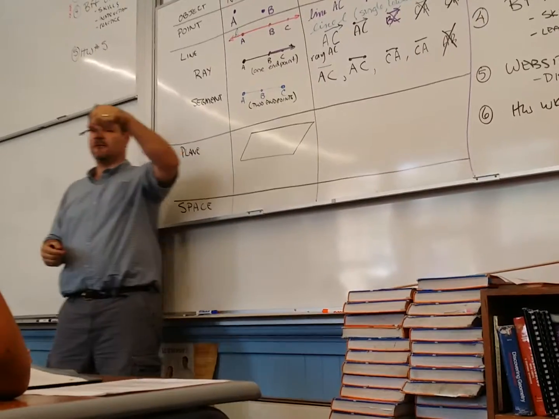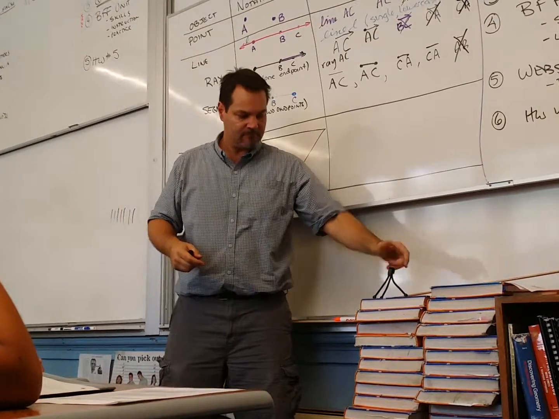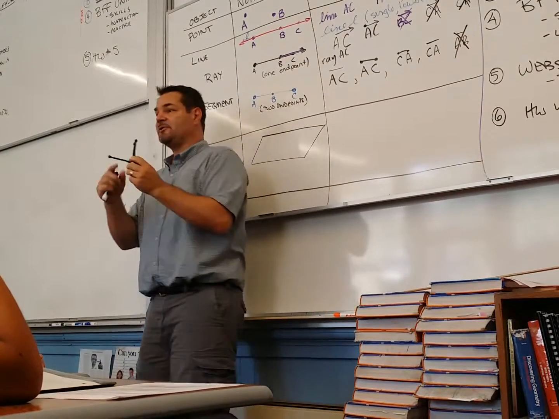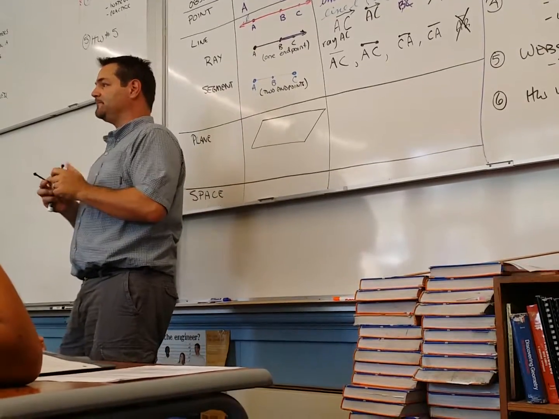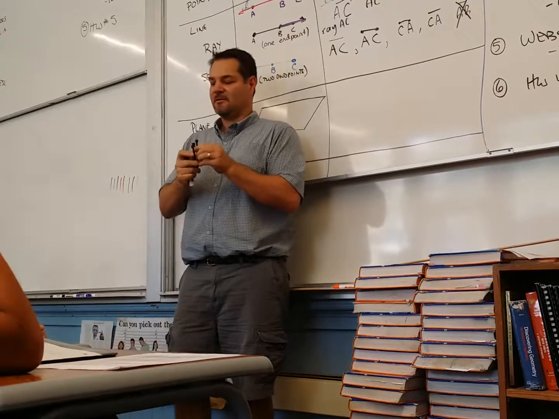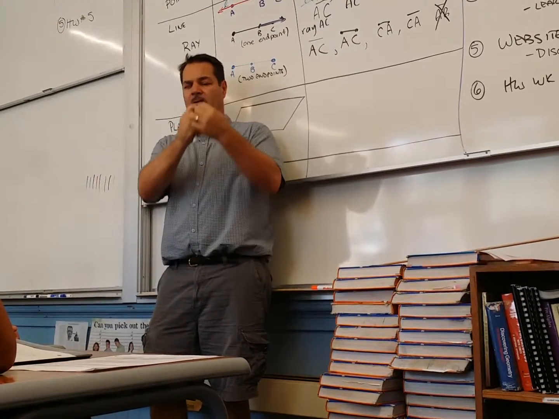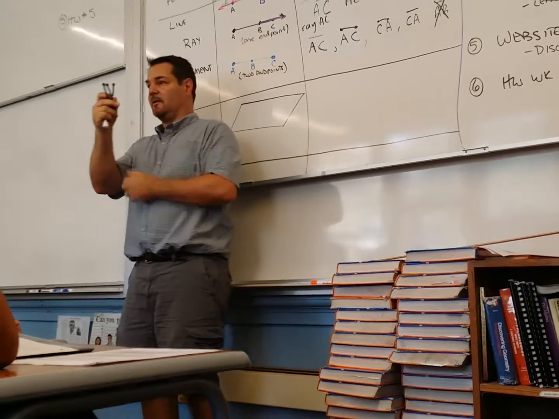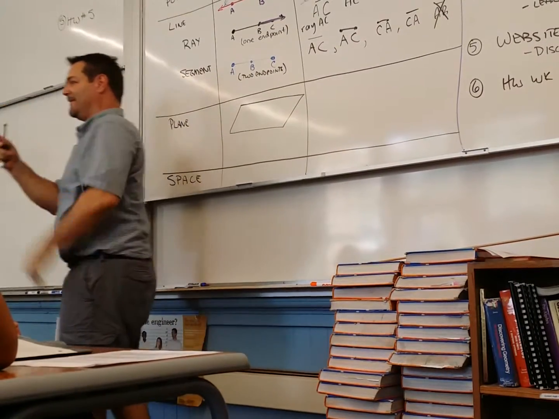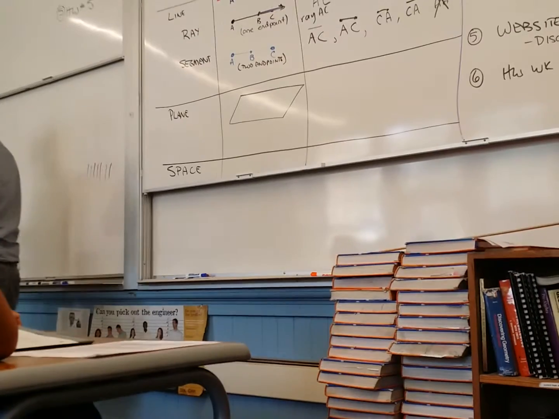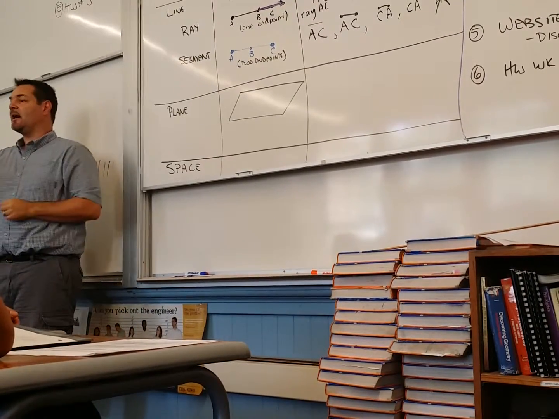What about those three? Would those identify exactly one plane? Yeah. So would three points always identify exactly one plane? Trick question. What if the three points are collinear? If the three points are collinear, how many planes run through it? Infinite. So in order for me to identify a plane, I have to have three non-collinear points.